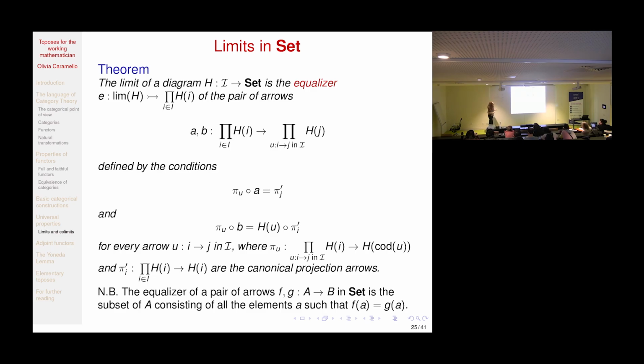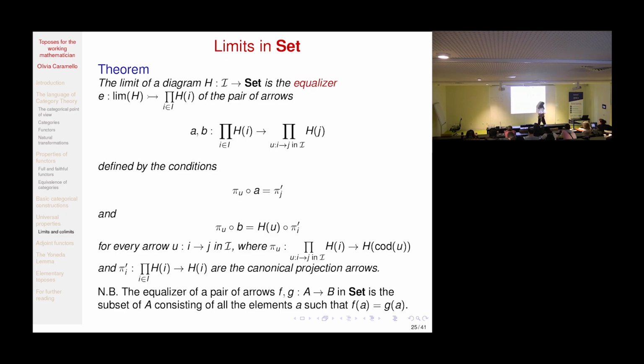So this is how B is defined. And if you take the equalizer of A and B, you realize that it clearly satisfies the universal property of the limit. So do it as an exercise. It's quite easy, but it's instructive.